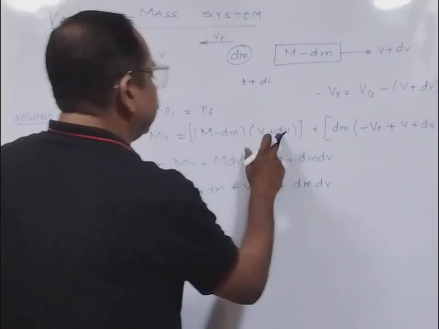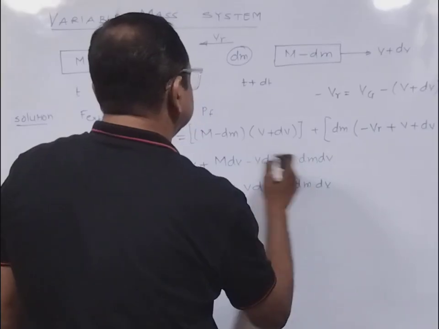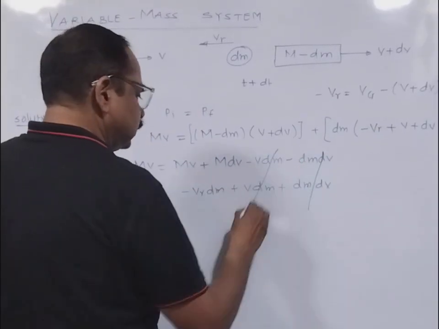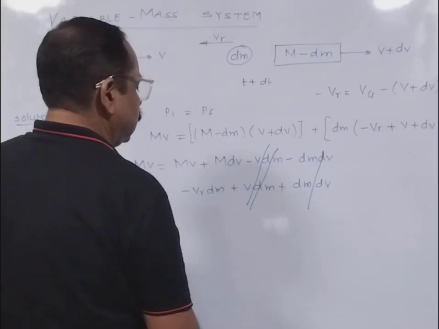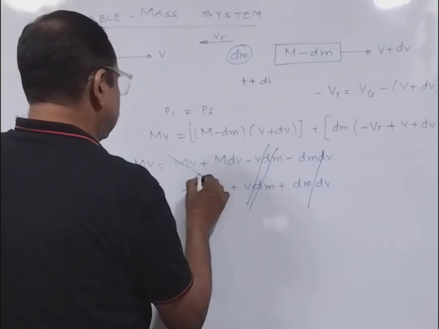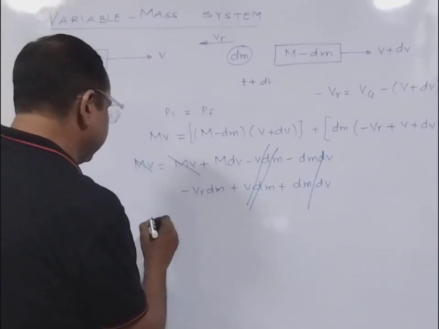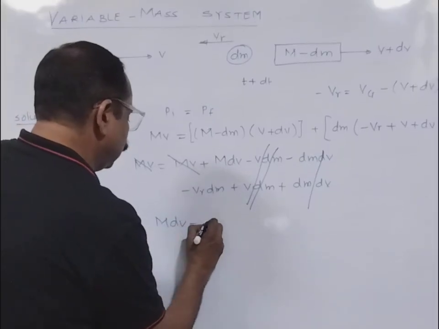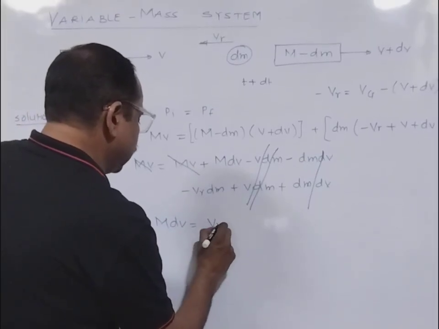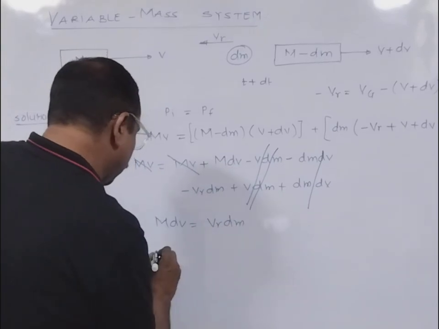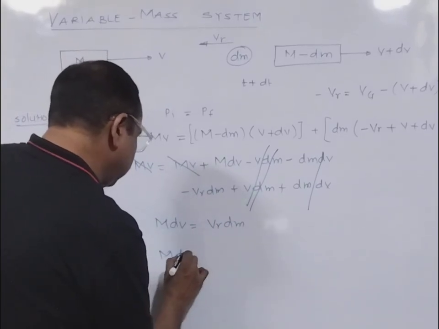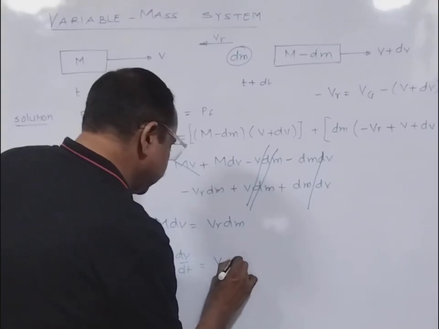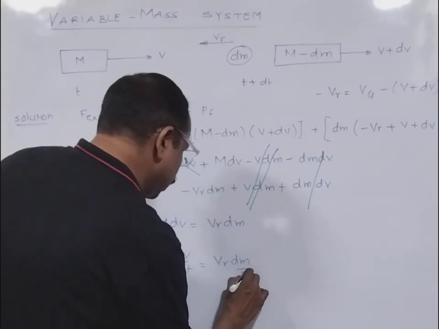This will be with negative sign. So here this gets cancelled, this gets cancelled, then mv gets cancelled. By simplifying that, we get m dv is equal to Vr dm, or m dv by dt is equal to Vr dm by dt.